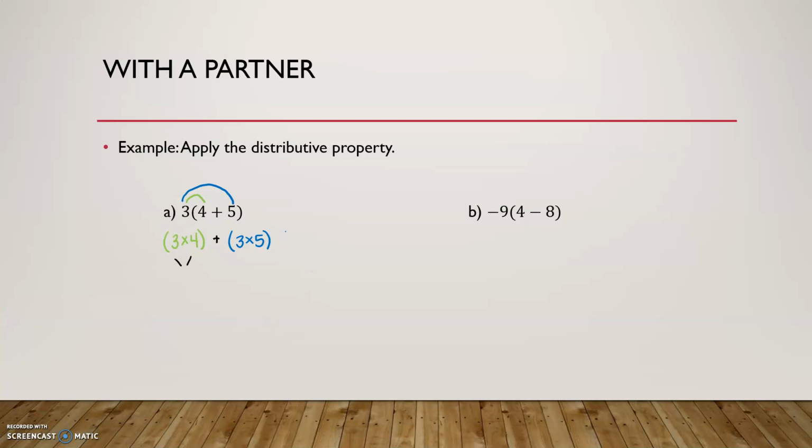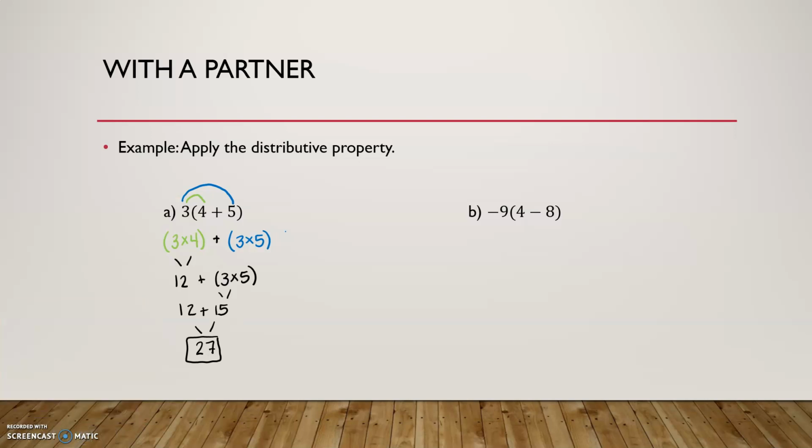So 3 times 4 would give me 12 plus 3 times 5. This would give me 15. And so we would get 27. Now try letter B on your own and see what you get.